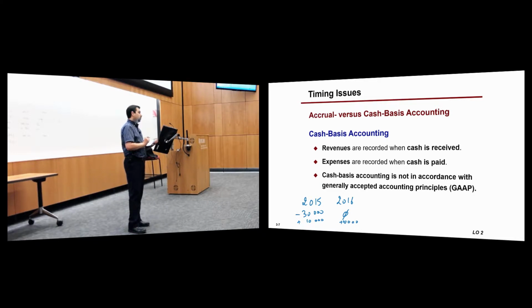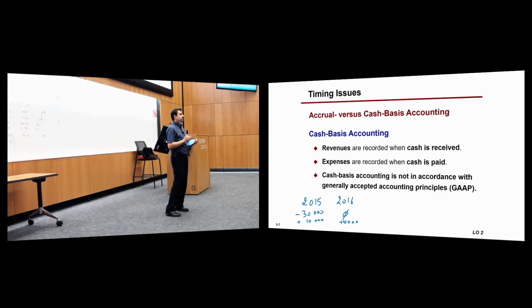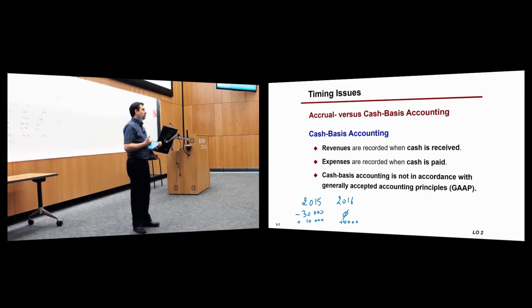If you look at those numbers, they are misleading. Because in this case, you look at it and say, okay, the first year the company lost $20,000. The next year, the company made $10,000. So if you follow that logic, you expect in 2017, again with zero expenses, the net income to increase by $30,000, right?